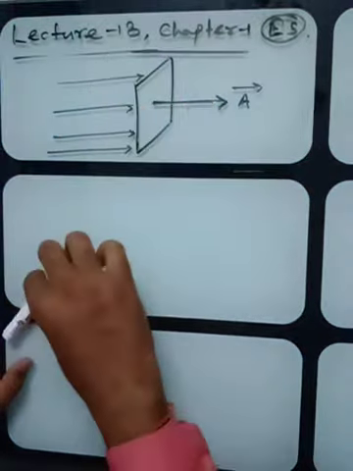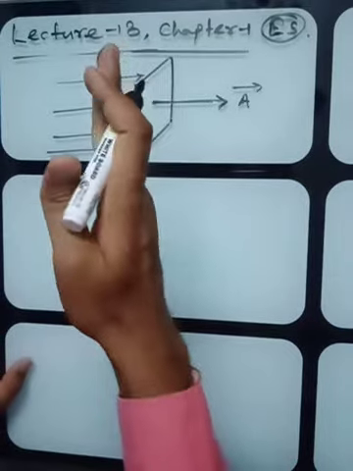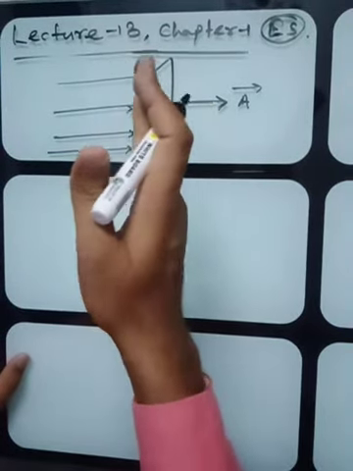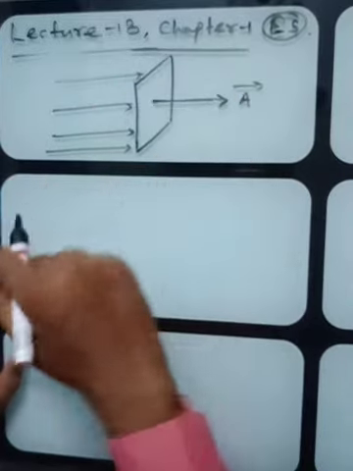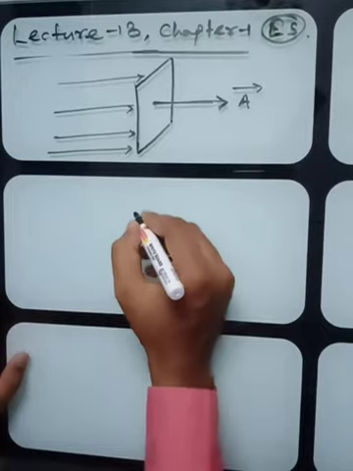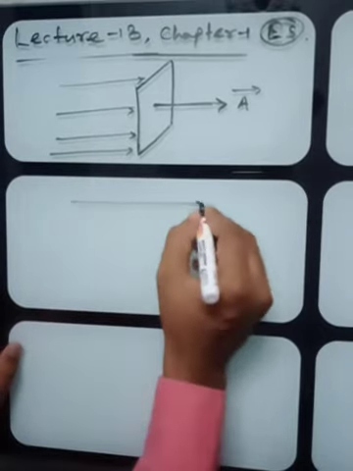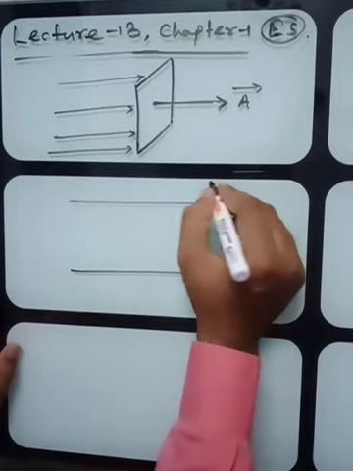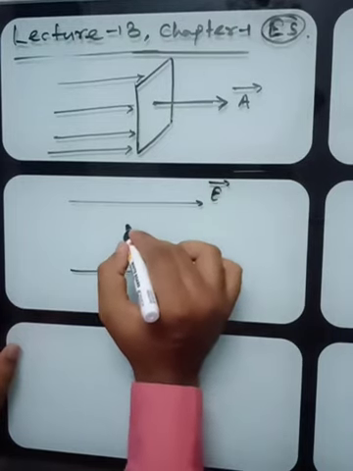But it is quite obvious that when rotating the plate in an electric field, the counting will change. That is, the electric flux will change. Suppose the plate is oriented in such a way, this is the electric field, and the plate is oriented in this way.